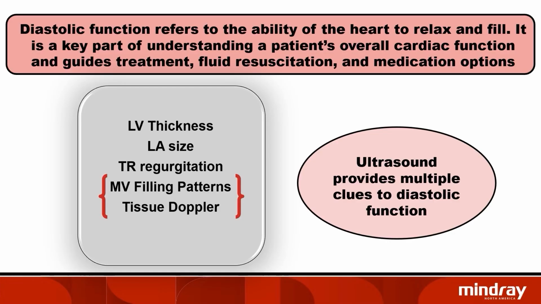A dilated left atrium should always raise suspicions when looking at the heart. When we talk about measurements, we generally look at the mitral valve inflow pattern, which gives us clues about LV filling pressures, and tissue Doppler, which tells us about cardiac function in relationship to those pressures and helps to interpret them. We'll discuss these in this webinar.